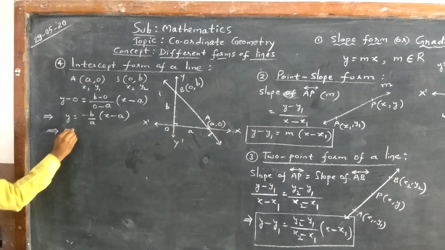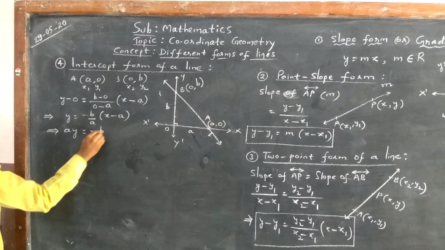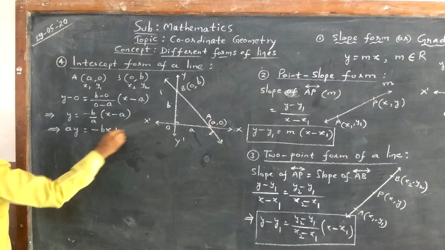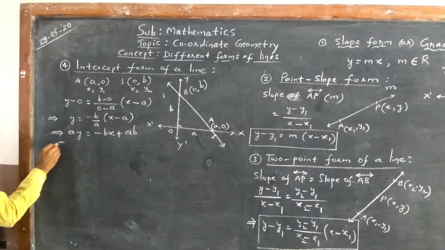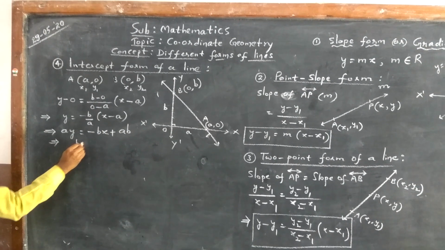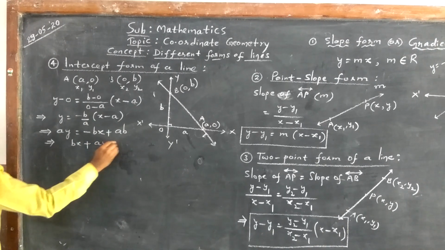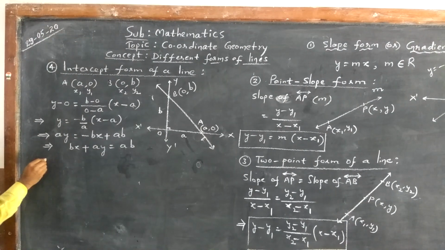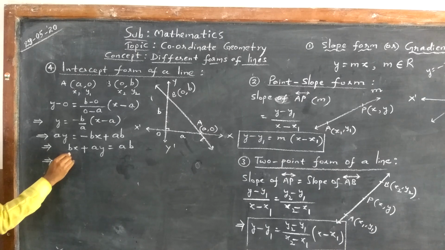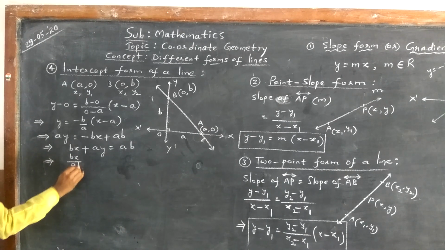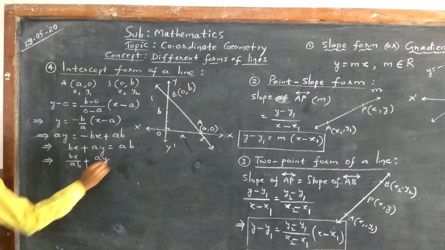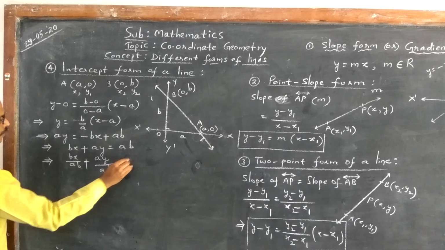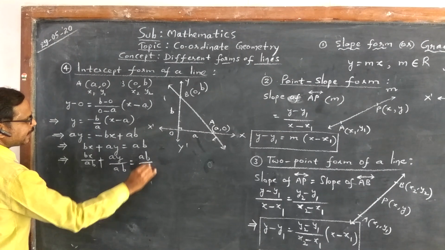Cross multiply: ay equal to minus bx, minus into minus plus ab. Minus bx, bring this side: bx plus ay equal to ab. Dividing both sides by ab, bx by ab plus ay by ab equal to ab by ab.